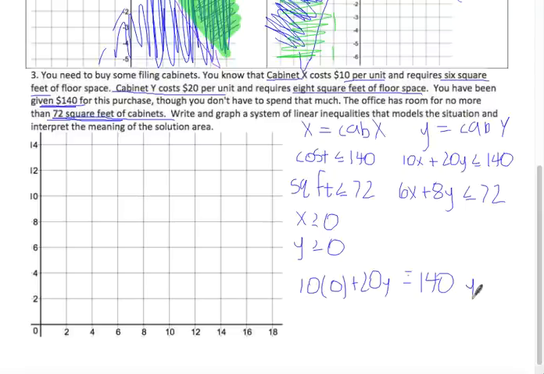Then we get a y-intercept of 7. So here's our y-intercept. And then our x-intercept is going to be 10x equals 140. So x is 14. And we use a solid line.